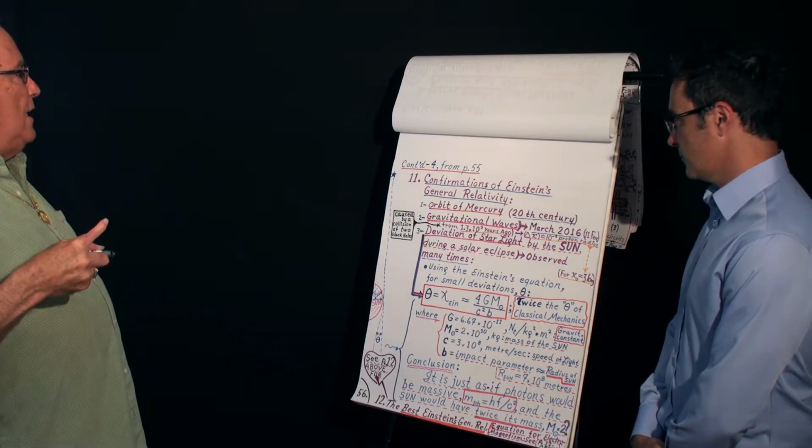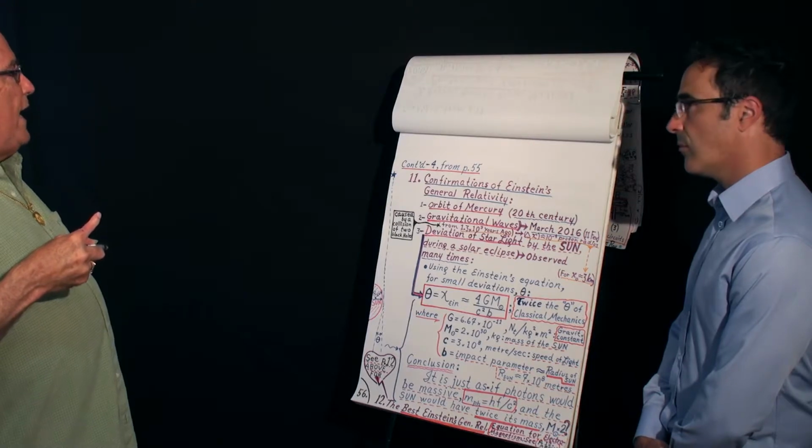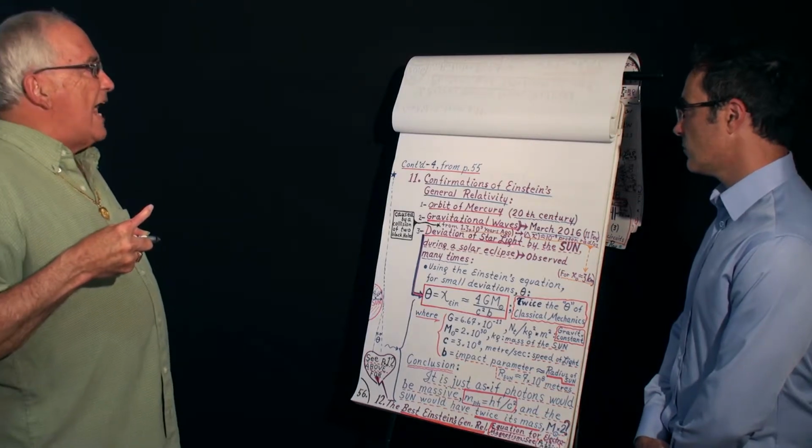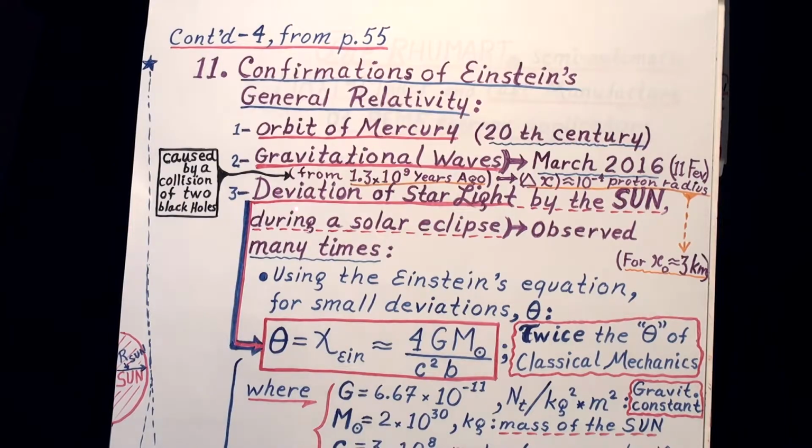And the third way is the deviation of starlight by the sun. And this was measured, confirmed in 1960 or 40, I don't remember the date.